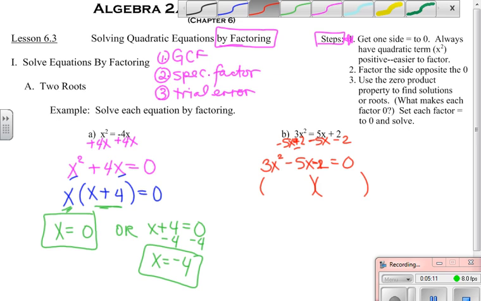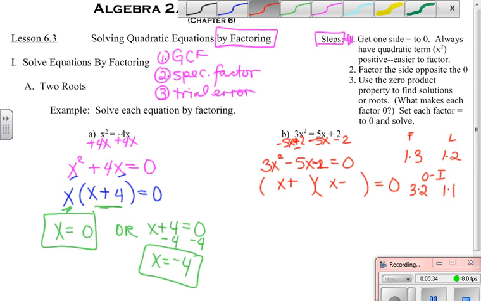Now I'm going to go ahead. There's no greatest common factor. Now I'm going to think about what factors of 3 and 2 under plus minus are going to combine to make really subtract. So these are my first, these are my last, outside minus inside. What I see is if I take 3 times 2 and I subtract 1 times 1, I'll get 5.